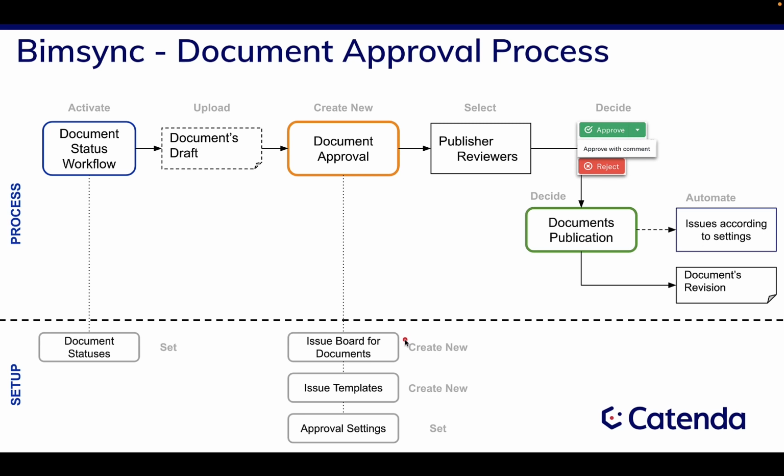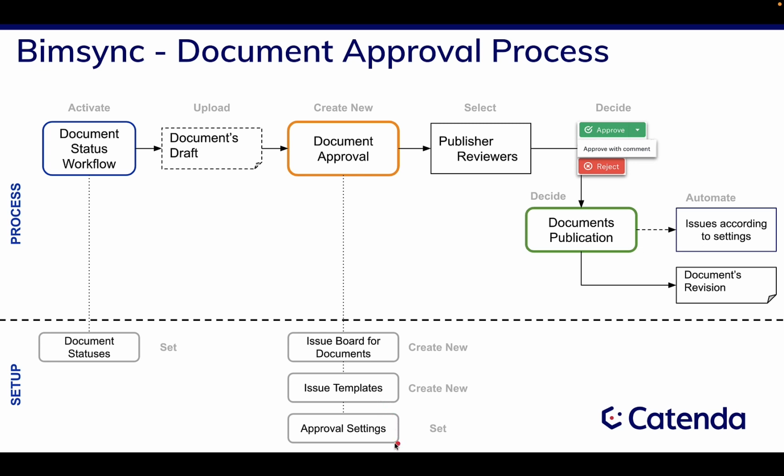So there are 3 steps. Have an issue board for your document-related issues. They will use a specific issue template, and that's a new area also, having the ability to make, inside the document approval setup, templates for your issues.